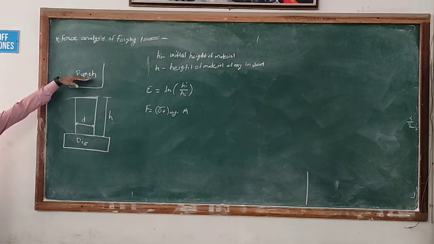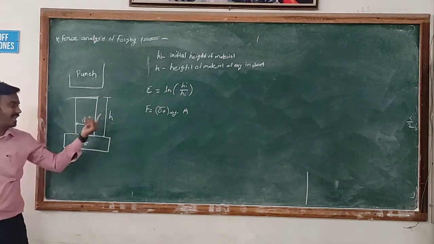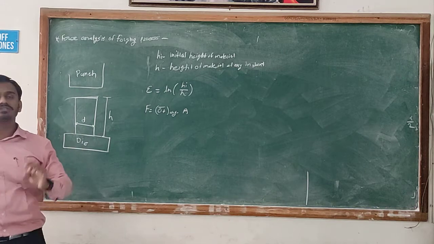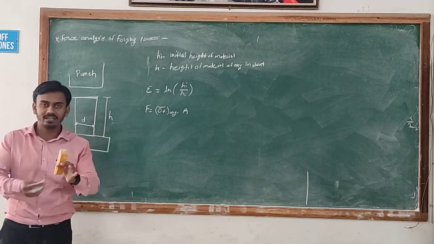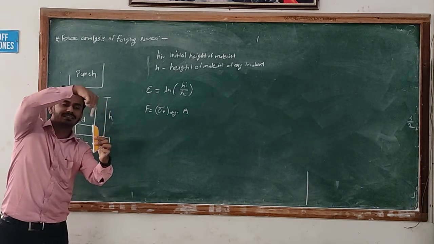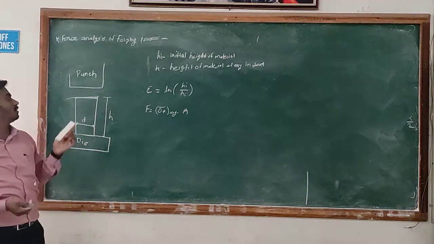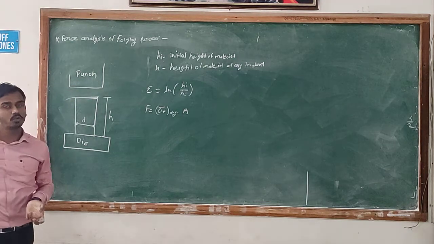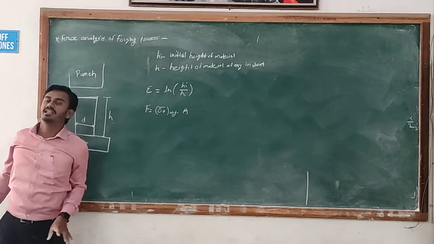When the force is applied, the height reduces and the diameter increases. So as the height reduces, the cross-sectional area will increase. Suppose this is my material and I apply the force in this direction, so the cross-sectional area is perpendicular to the force. This is a cylindrical component, so area is equal to pi by 4 into d square. As the height reduces, A will increase.